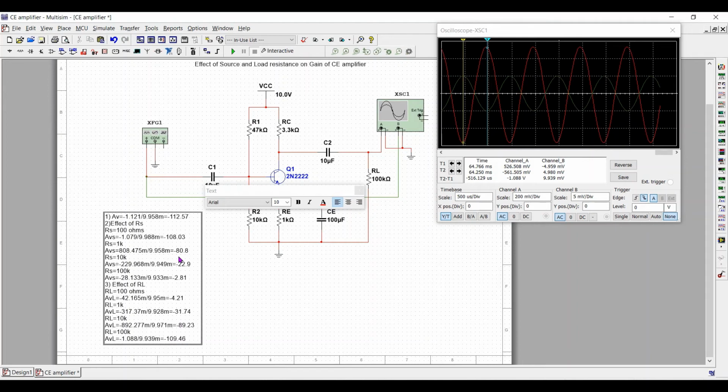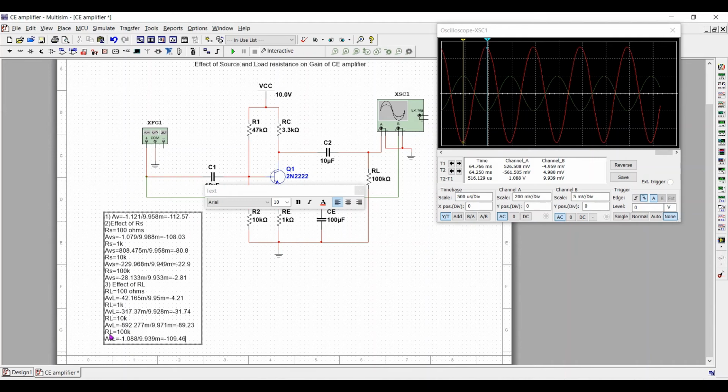So if we see for Rs equal to 100 ohms, the gain was approximately 108. For RL equal to 100k, the gain is approximately 109, and without the source and load, it is 112.57.